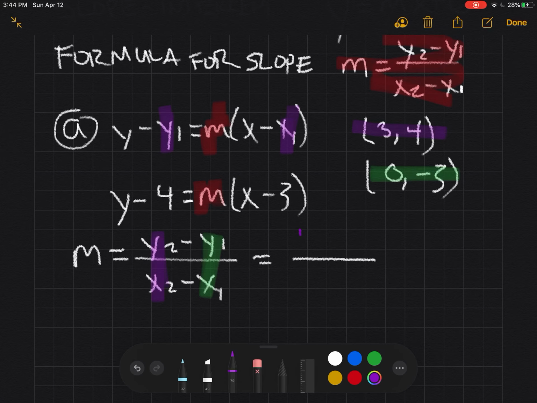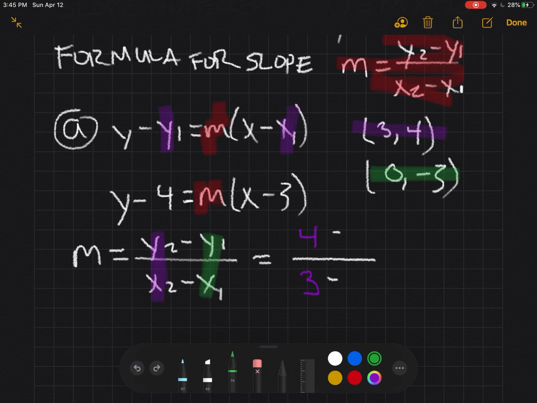The y2 is going to be the y from the purple pair, so that's going to be 4. And the x2 is the x from the purple pair, so that's going to be 3. Subtract the y1 from the green pair, and that's a 0. And the x1 comes from, oh, I got it backwards.